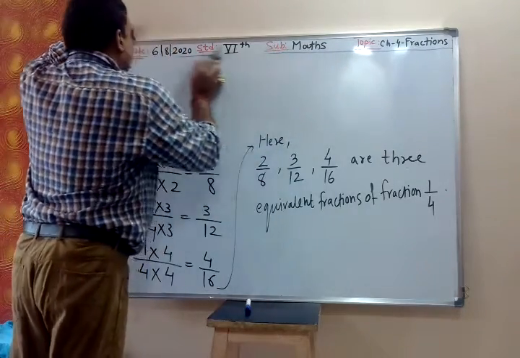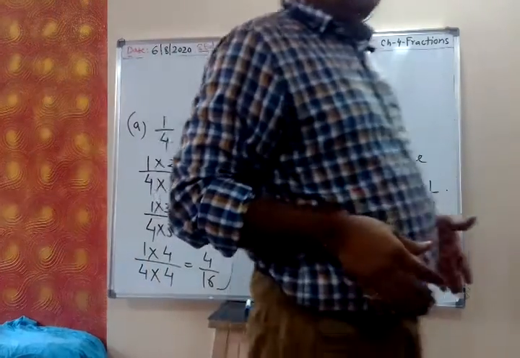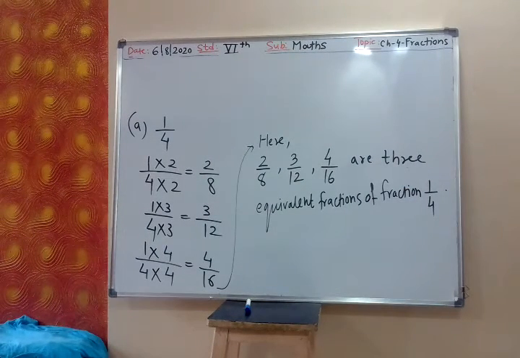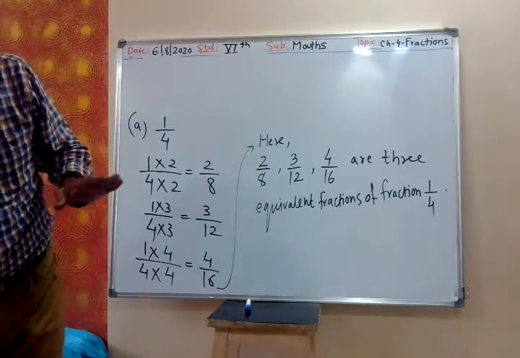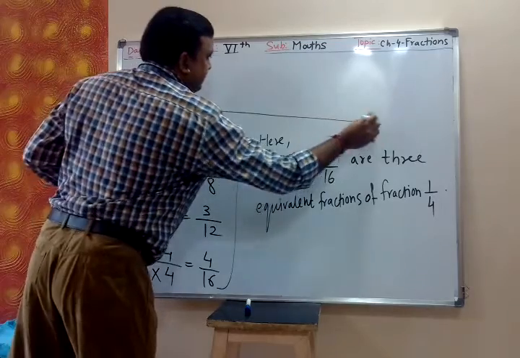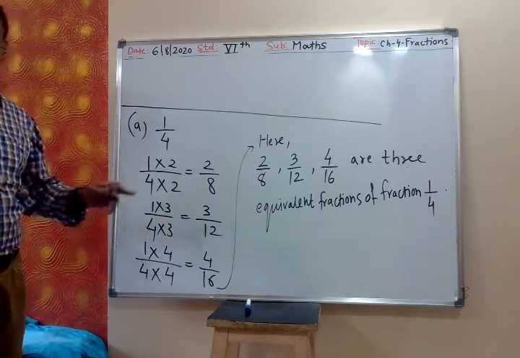So for 3 equivalent fractions, we multiply and divide the given fraction by 3 different numbers: 2, 3, 4.